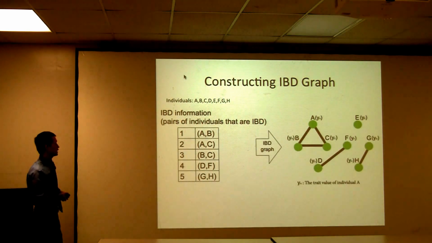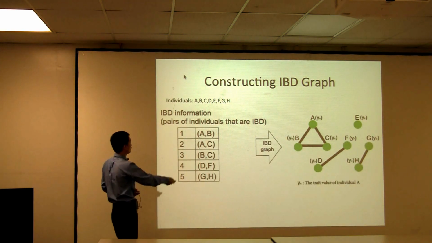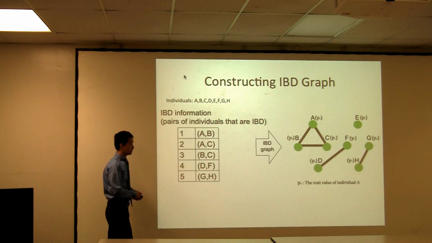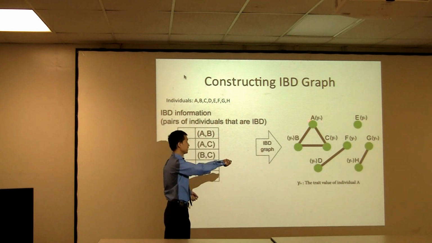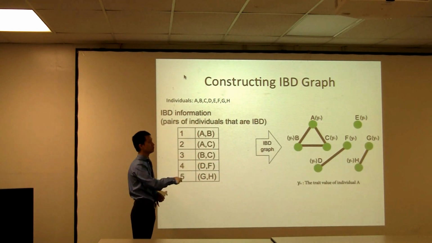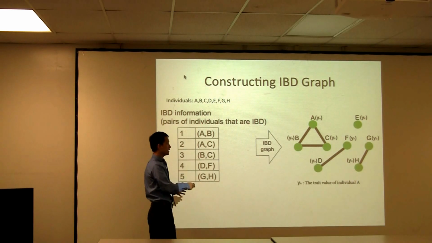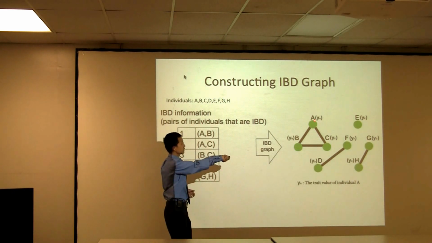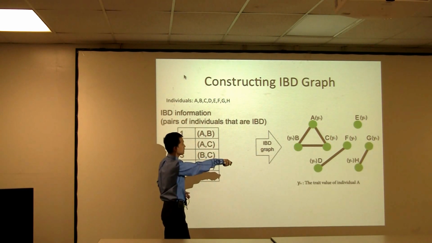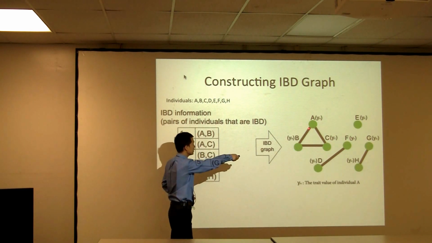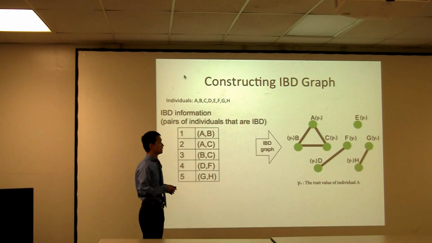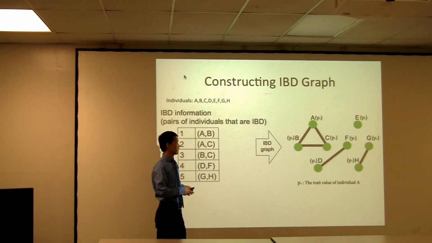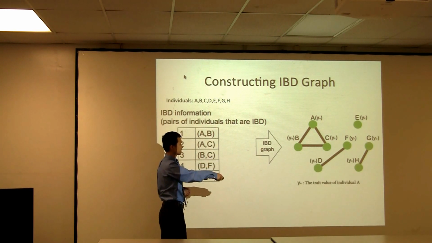We construct an IBD graph from this IBD information. In this graph, each vertex represents 1 individual, and we build an edge between 2 individuals if they share IBD. So you can see that there's an edge between AB, AC, and BC. For each node in this graph, there's a phenotype value associated with it, which is the trait value.